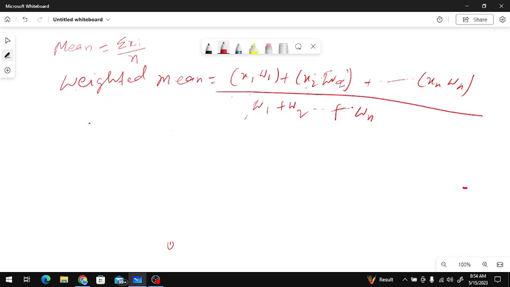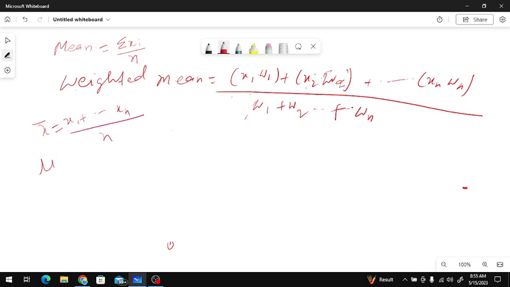There are two types of the mean. One is the sample mean, another is the population mean. For the sample mean, we can write x̄ equals x1 to xn divided by n.